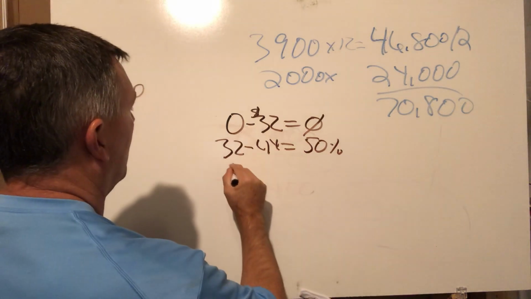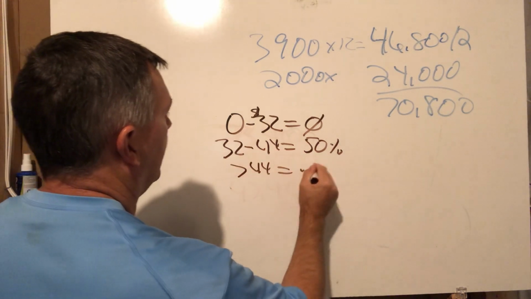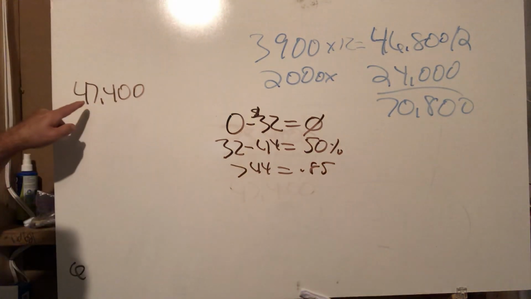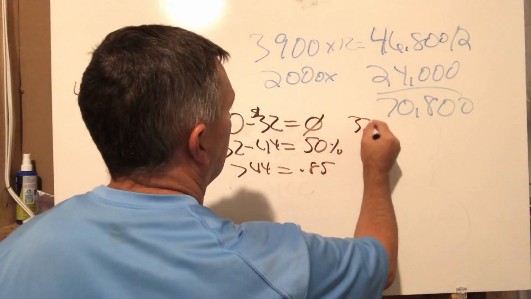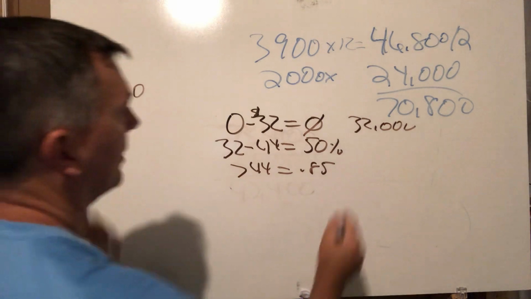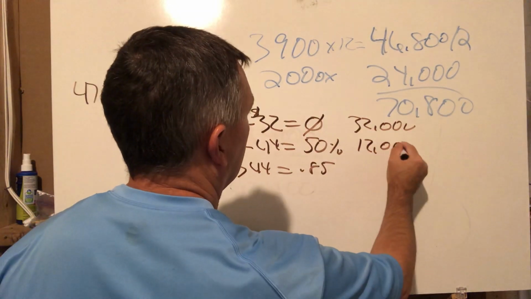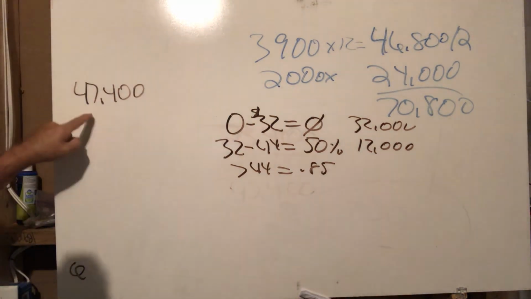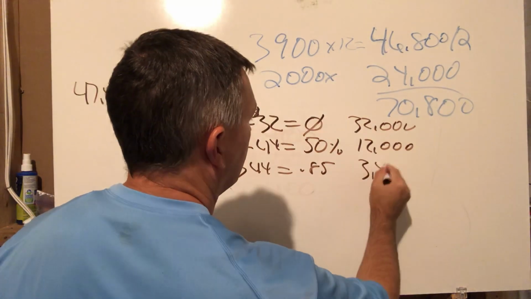And then above 44, 85% of that. So in this case, we got 32,000 here. 44 minus 32 is 12,000 there. And then that's 3,400 here.